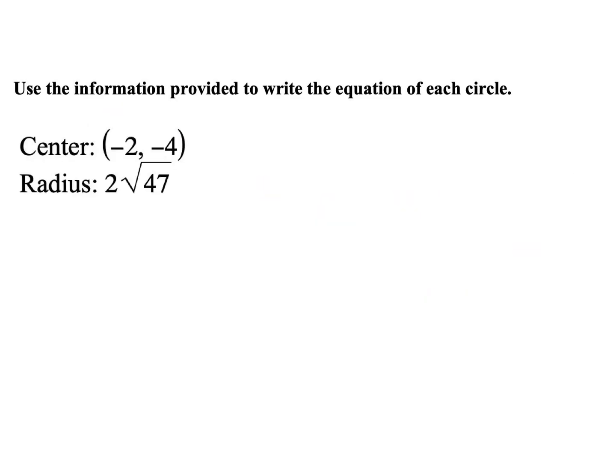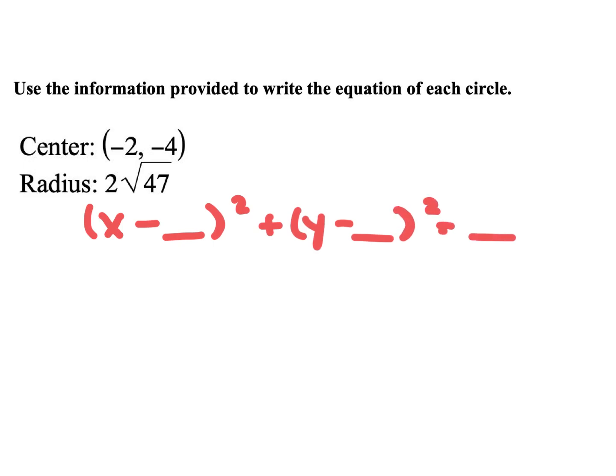In this next example, I'm going to start with my same general form. So it's x minus the blank squared plus y minus the blank squared equals the radius squared. And I start by filling in the x coordinate, which I know is -2, the y coordinate, which is -4, and the radius, which is 2 square root of 47.